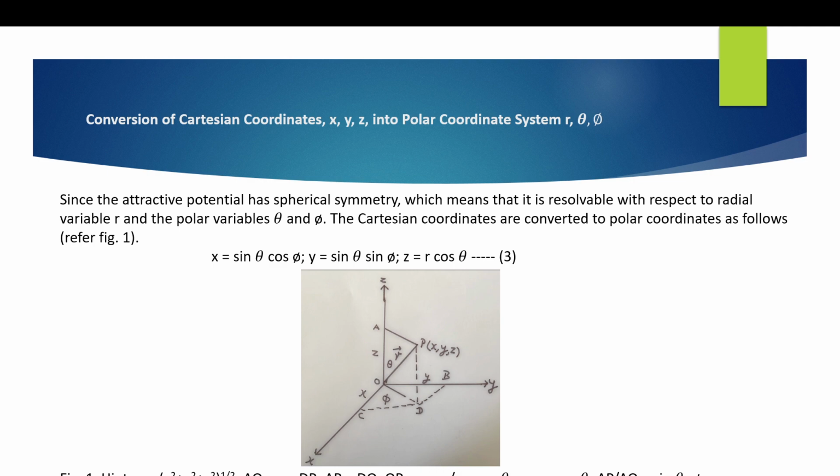Conversion of Cartesian coordinates x, y, z into the polar coordinate system r, theta and phi. With reference to figure 1, we can transform the Cartesian coordinates x, y, z into polar coordinates using the formulas of equation 3. x is equal to r sine theta cos phi, y equal to r sine theta sin phi, z equal to r cos theta.